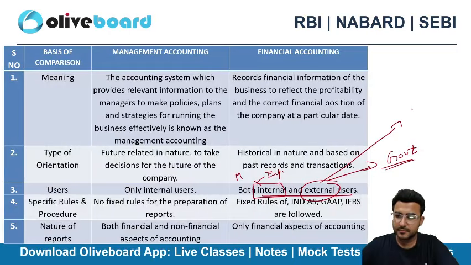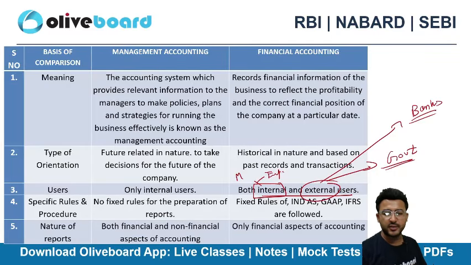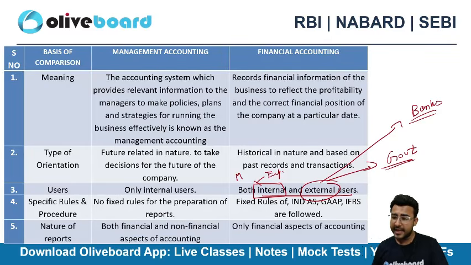Banks. If I have taken a loan from HDFC Bank, then I need to give them the financial data. They also become an external user. Suppliers, very good, Rupam. Suppliers are external users.